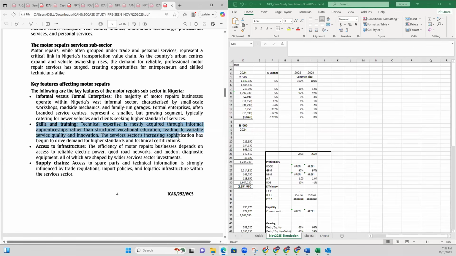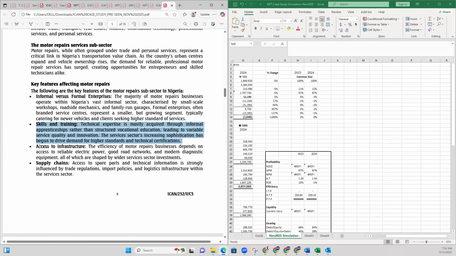If the informal sector contributes 90% of the repair that happens in that subsector, it tells you that most of the training comes from the regular boss and apprentice relationship. Once you spend 3, 4, 5 years, you graduate, and they free you to go and start your own shop, and that's what is common in that sector.